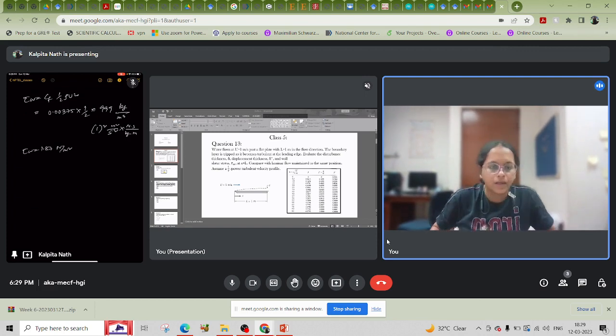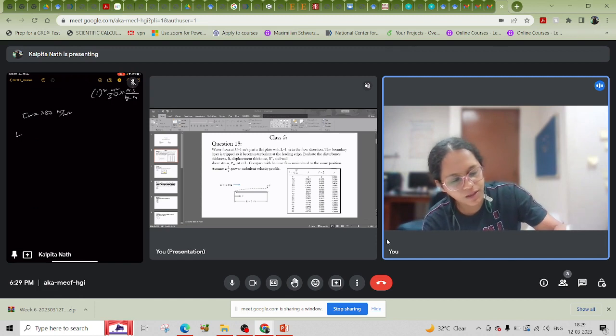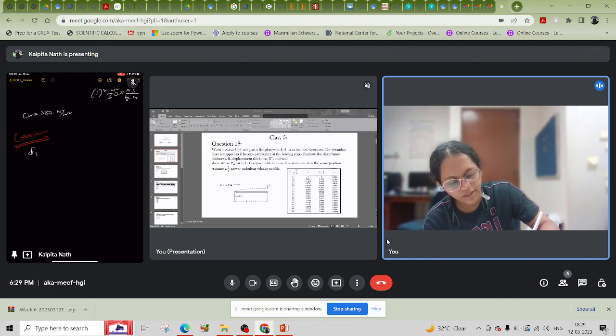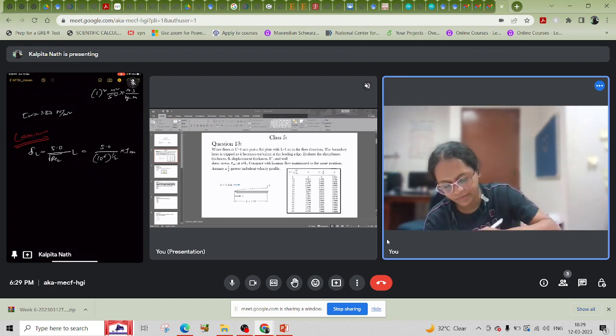Okay, so we have derived everything for turbulent flow. Now we'll come to laminar flow. For laminar flow, delta is equal to 5.0 x by root over Reynolds number, that is 5.0 by root 10 to the power 6, of 1 meter.